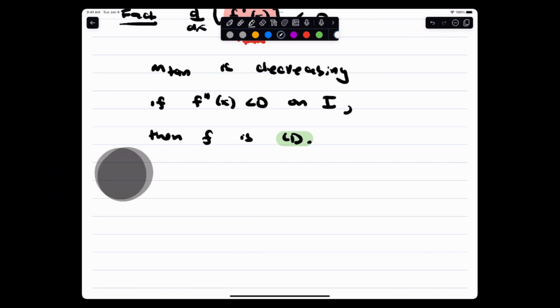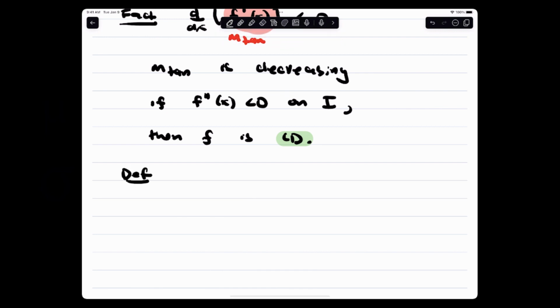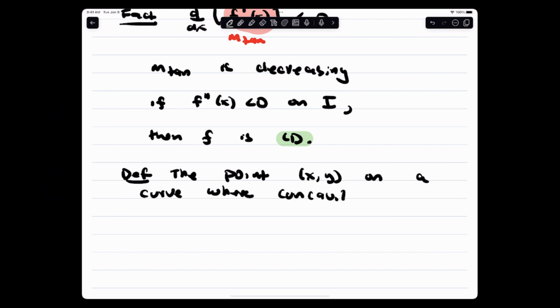Definition right here. The point (x, y) on a curve where concavity changes.